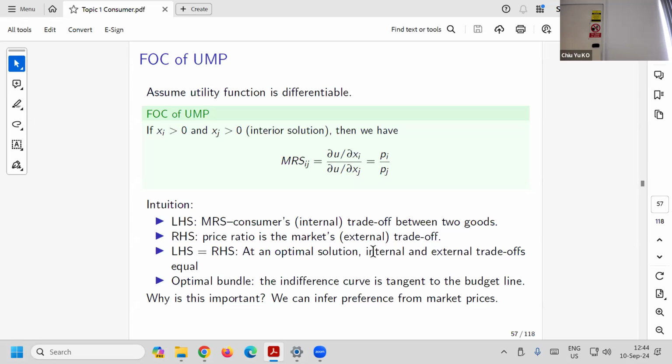Is that clear? That means you equate the market trade-off to your own. There's no way you can gain from trading. There's no gain from trade. That is the optimal condition. There's no way of getting better; it is the bundle where you don't want to trade anymore.